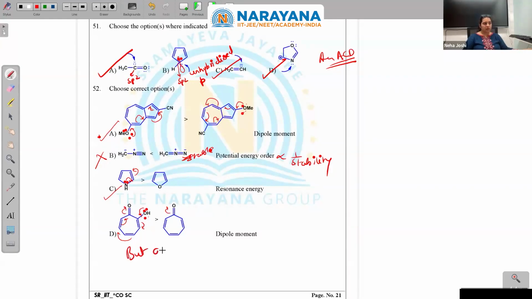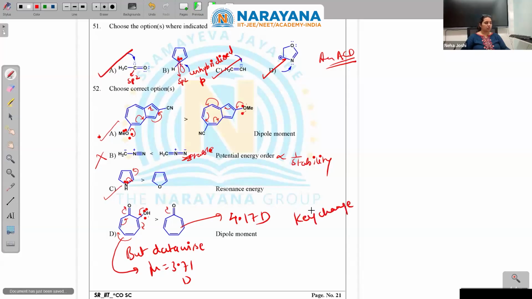But data wise, it appeared that the dipole moment of tropolone is 3.71 D and of tropone is 4.17 D. So there is a possibility that the key could change to A and C instead of ACD. So there is a slight possibility if they go by data. If they go by logic, then there is no change. But if by data, then there is a possibility.